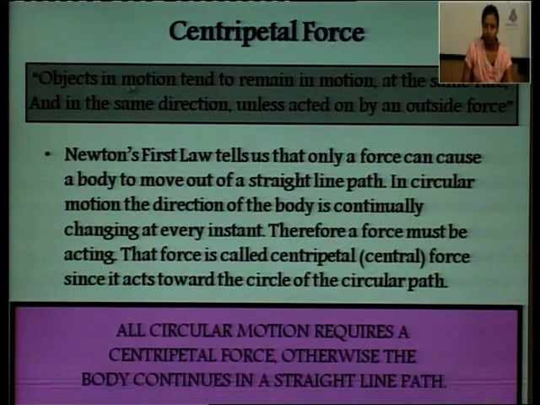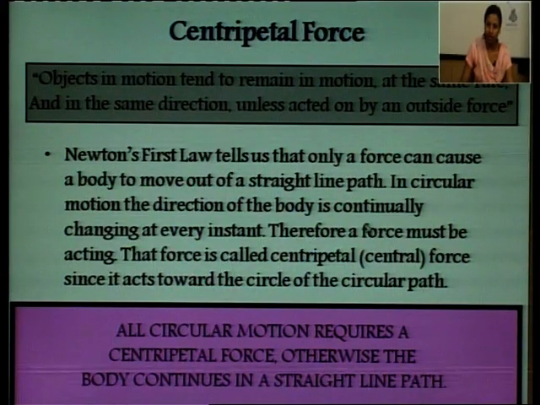So, the centripetal force. An object in motion tends to remain in motion at the same speed and in the same direction unless it is acted on by an outside force. According to Newton's first law, only a force can cause a body to move out of a straight linear path. In circular motion, we know the direction of a body is changing at every point, at every time.